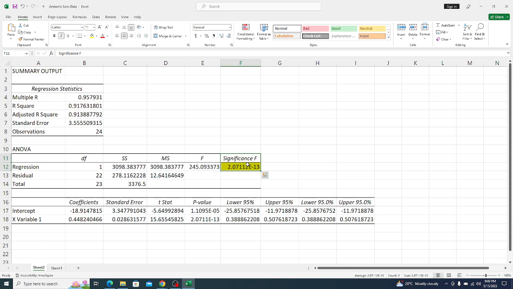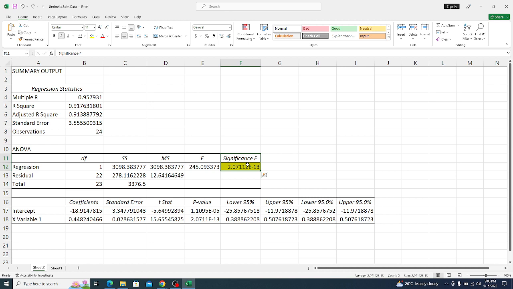If our model is reliable enough for use, or if it is a predictive model, how reliable it is for prediction. If the F significance, sorry, it always confuses people, the F statistic and the F significance.